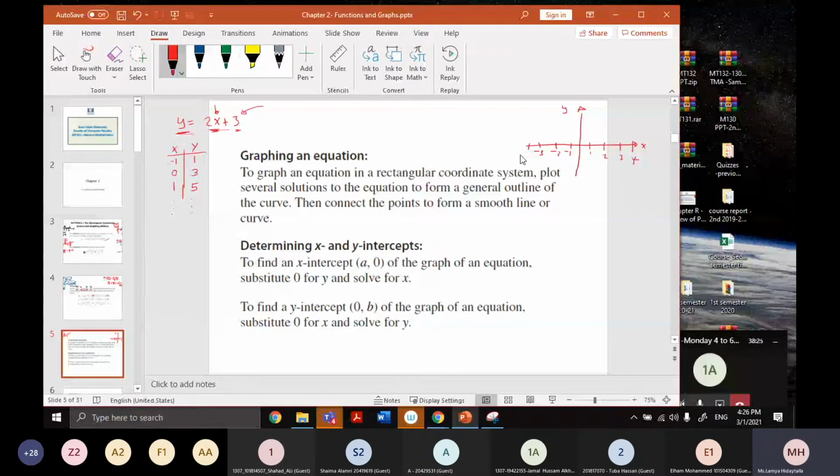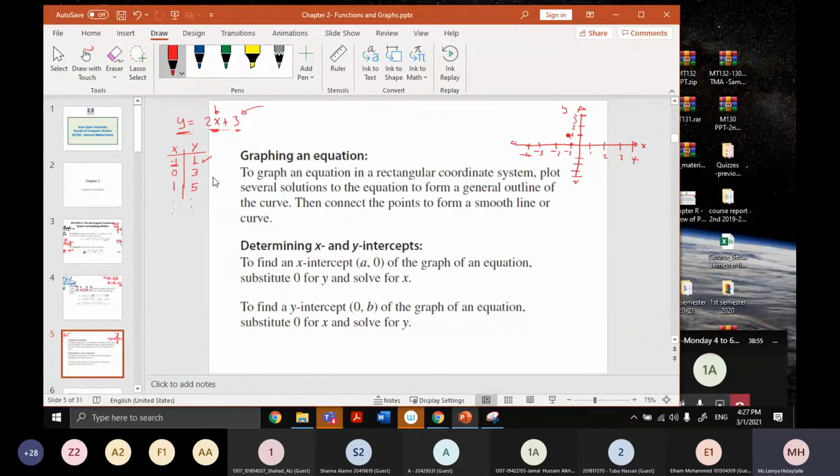And also we make scaling here, 1, 2, 3 and so on. And then I have 1 corresponding to an x value of -1. When x is -1, y is 1. So I put the point. This is the first point.